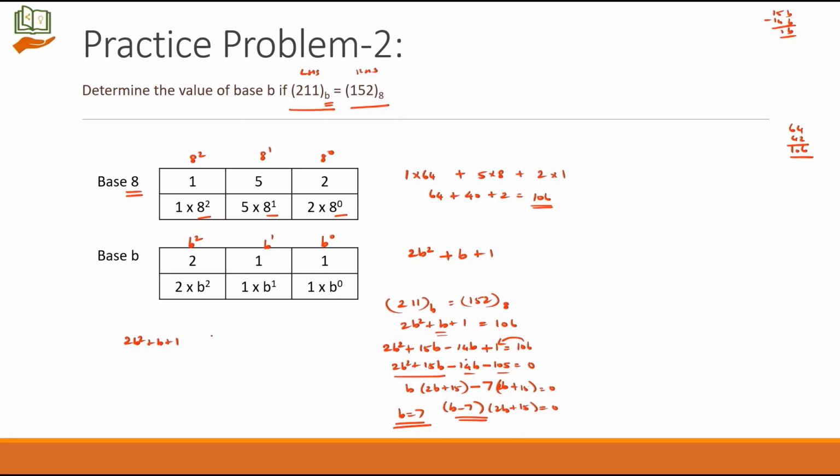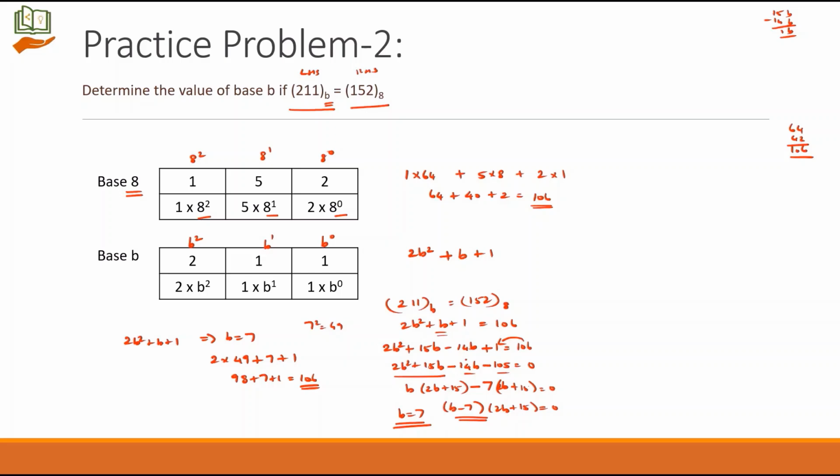When b is equal to 7, we have 2 into 49, since 7 square is 49, and we have b, so 7 plus 1. 2 into 49 is 98 plus 7 plus 1. This will give 105 plus 1, 106. We are getting the number correctly. So we can say b is equal to 7, the right answer.